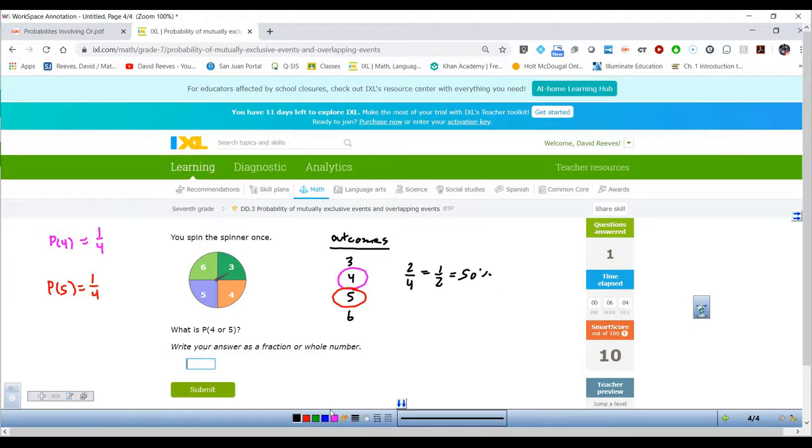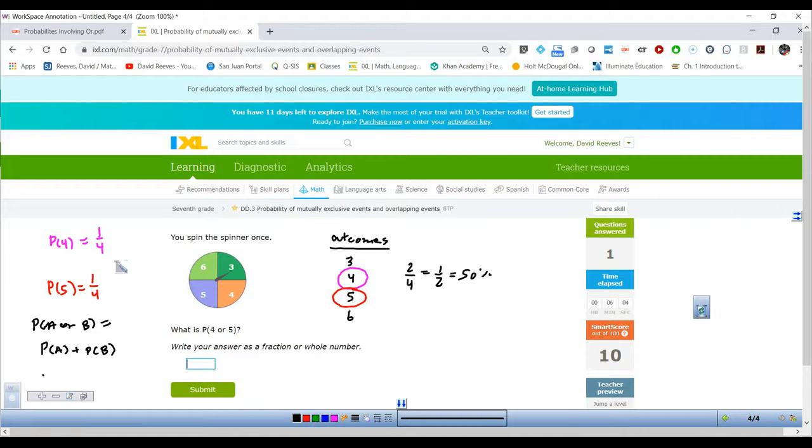All right, if we were going to use the formula way, since it is mutually exclusive, the probability of A or B is equal to the probability of A plus the probability of B. If they are mutually exclusive, if there's no way the two things can both happen at the same time, we can add those together.